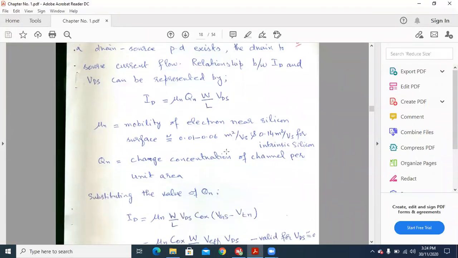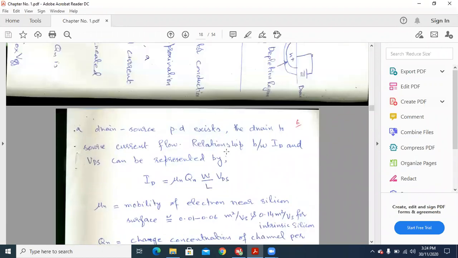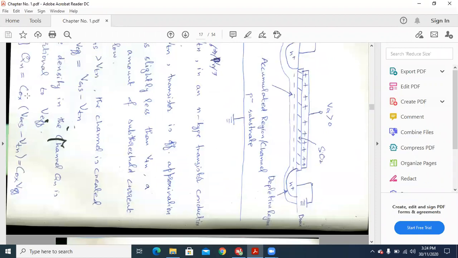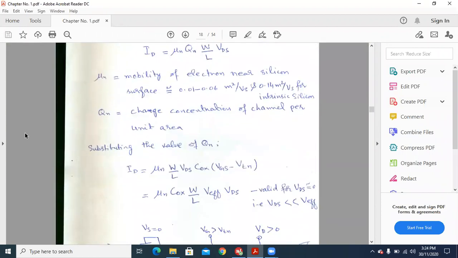If we substitute the value of Qn, which is CV, and CV is C into (VGS minus VTN), and VGS minus VTN is the overdrive voltage. So this C times the overdrive voltage is the value of Qn, represented with COX, and this gives the value of the ID current.